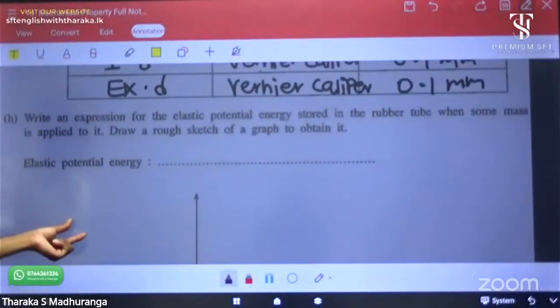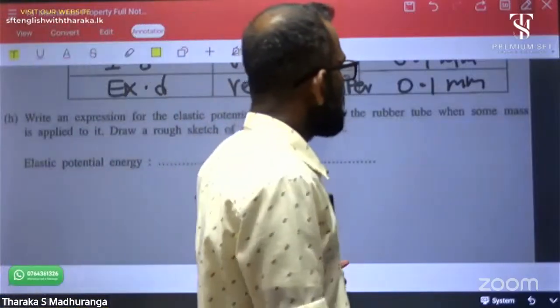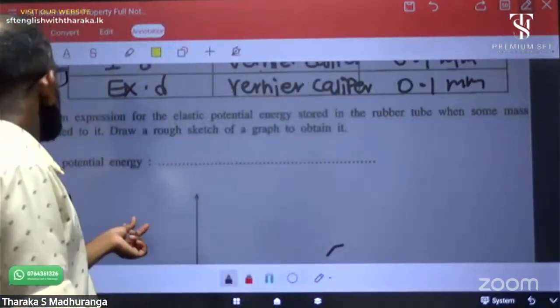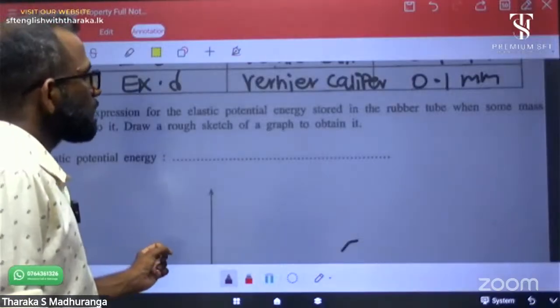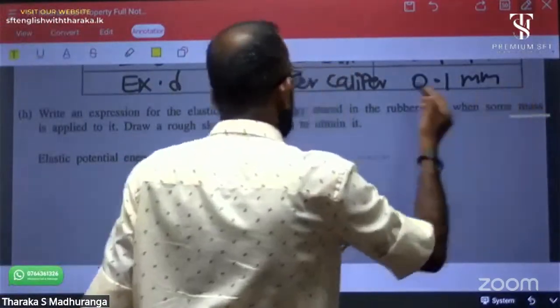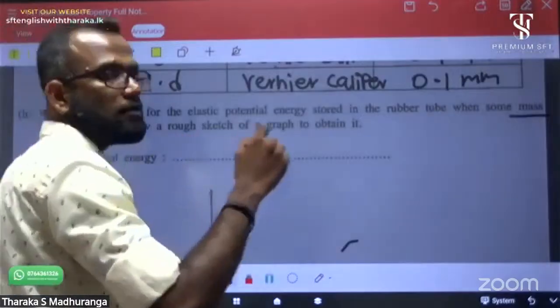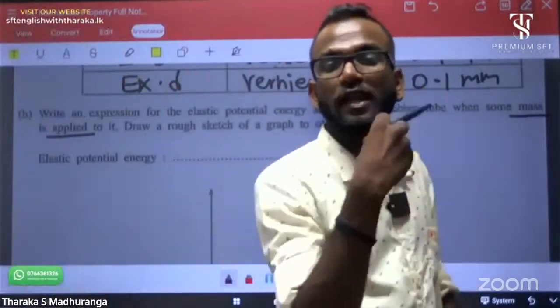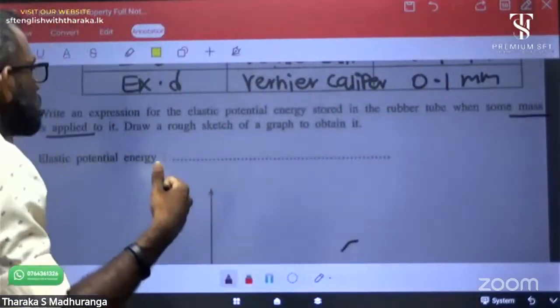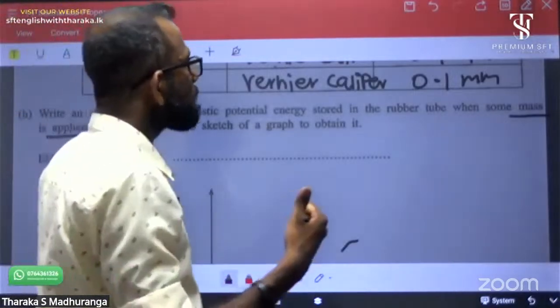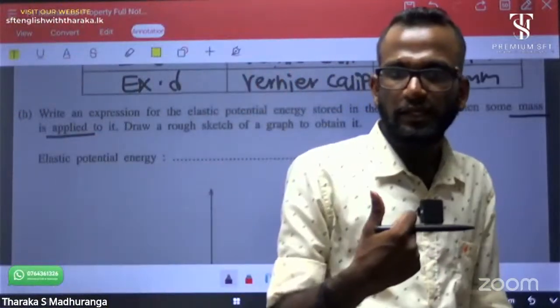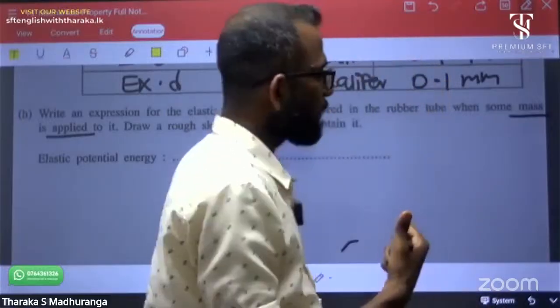Okay, write an expression for the elastic potential energy stored in the rubber tube when some mass is applied to it. Mass means weight, right? Weight is a type of force. Draw a rough sketch of a graph to obtain it. How to do it?